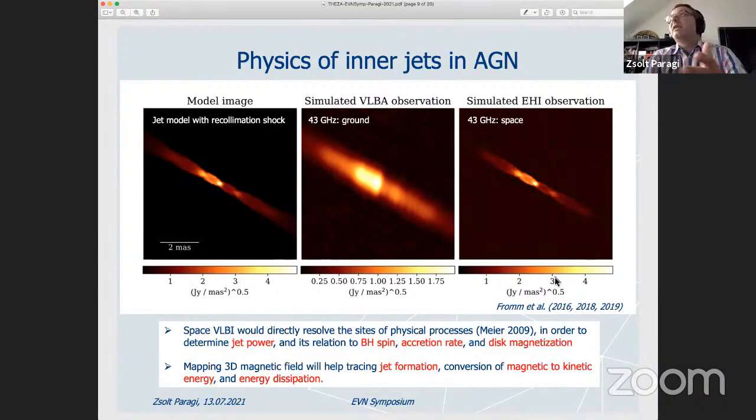And if you see, for example, features like knots in the jet, whether this is actually a traveling shock wave or a recollimation shock with this very specific edge-brightened structure, then you really need to go to space to achieve these kinds of resolutions.